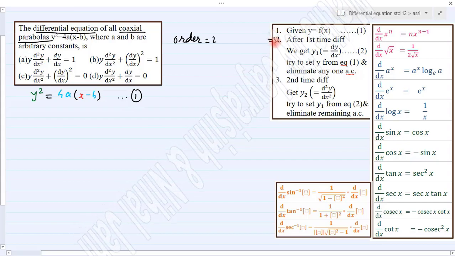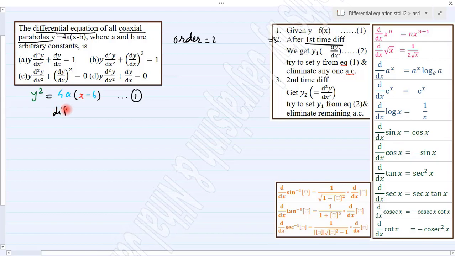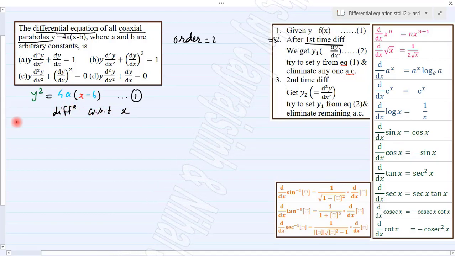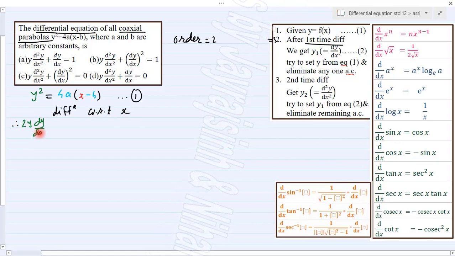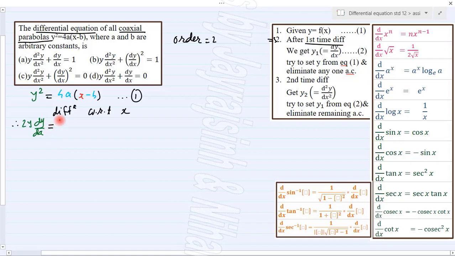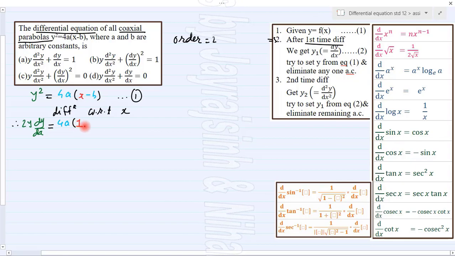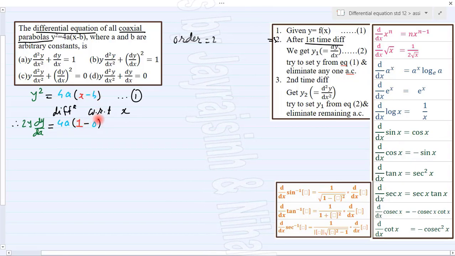Now in the second step, we have to differentiate for the first time. So let's differentiate our equation with respect to x. So here we'll get 2y dy by dx, and on the right hand side 4a will be as it is, differentiation of x will be 1 and differentiation of b will be 0.